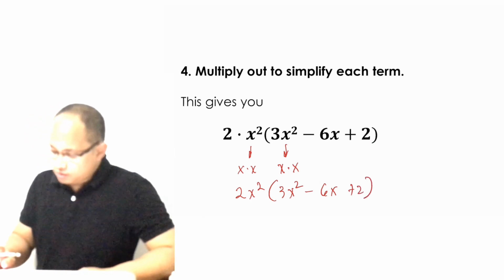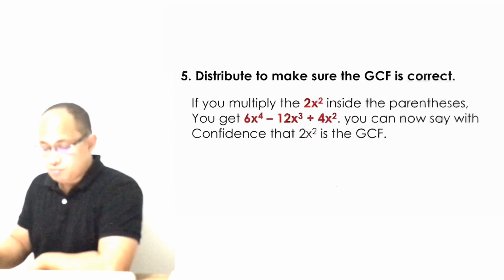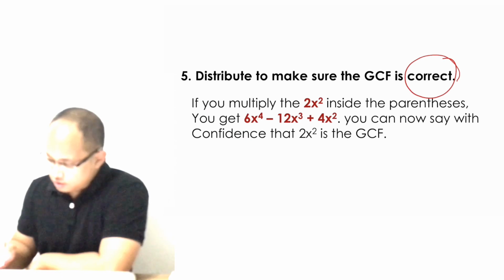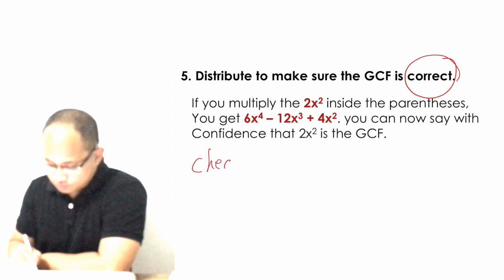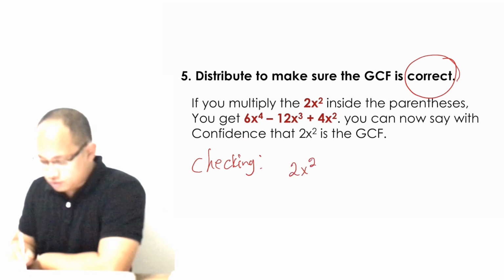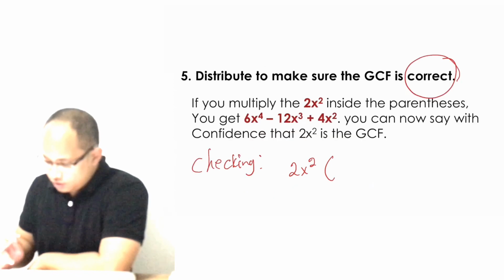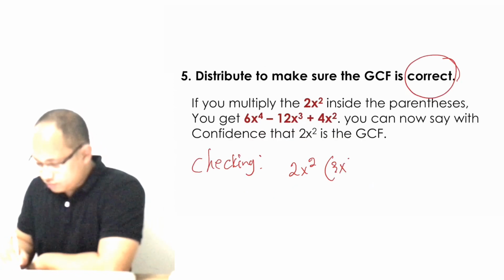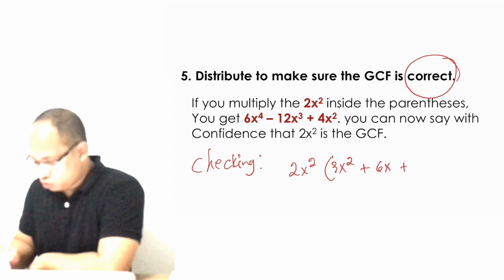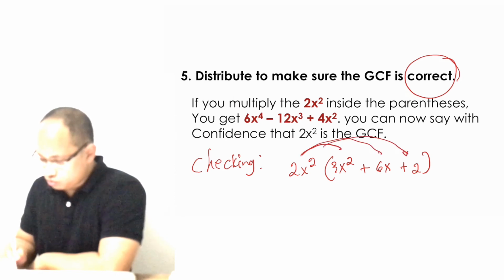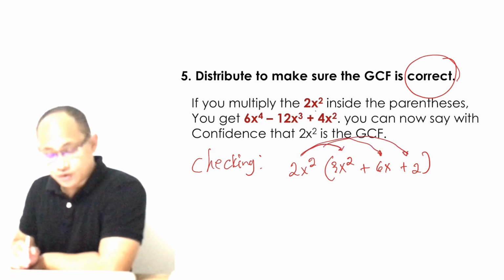Alright, next, fifth step, distribute to make sure that the GCF is correct. Now this is for checking. Alright, so if you have 2x squared and you have 3x squared minus 6x plus 2, now we distribute this inside, so that we will know if our GCF is correct.